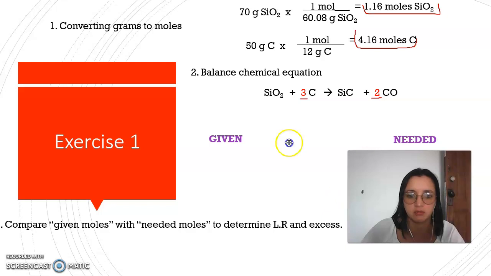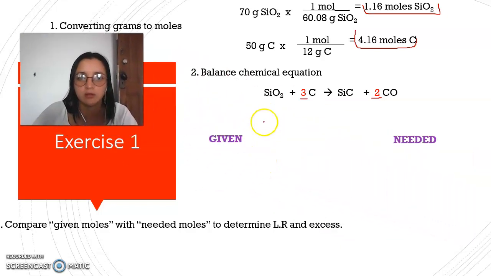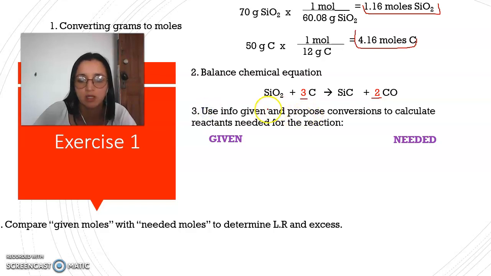Okay, so the third step is to consider the information given in the problem and propose some conversions to calculate what you need for the reaction. This is the section in which we call one column the given and the other column the needed.